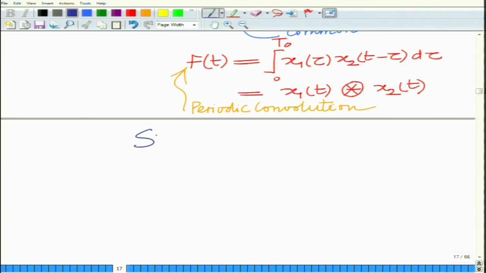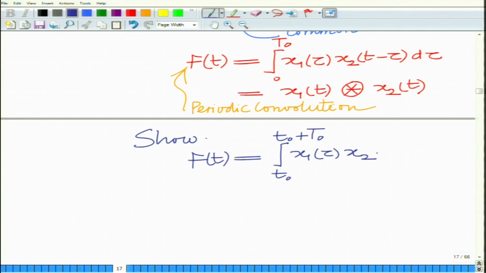So, show that f of t, if you shift the integral by small t naught, that is, if you denote this by f tilde t, the integral of x1 tau x2 t minus tau d tau, we need to show that this is equal to f t.